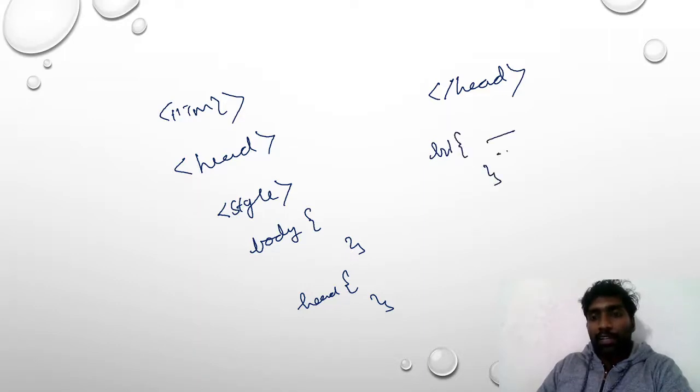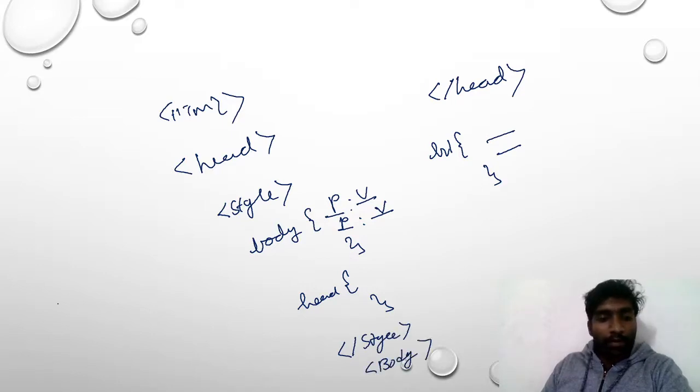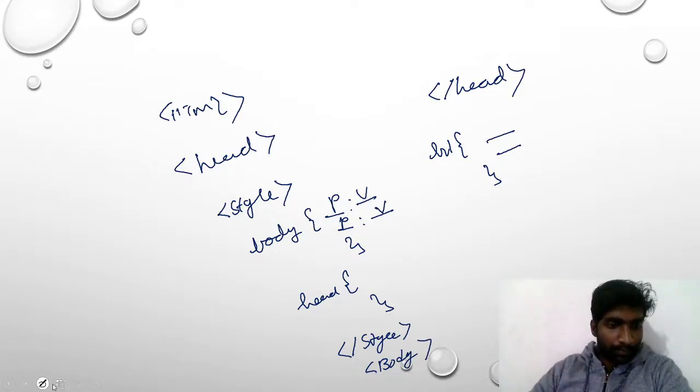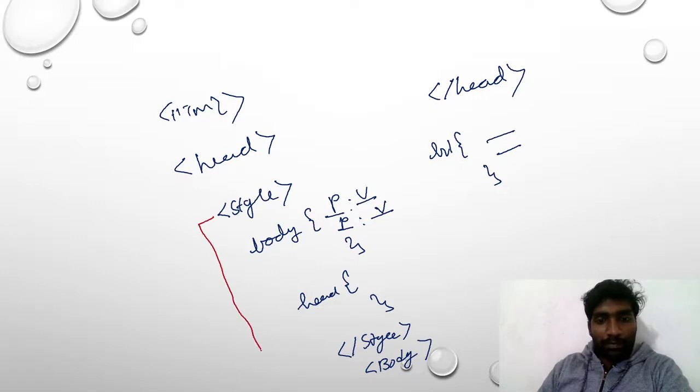So here we may give the property value, and we are closing the style. Now here we will mention the body. From here to here, CSS, this is internal.